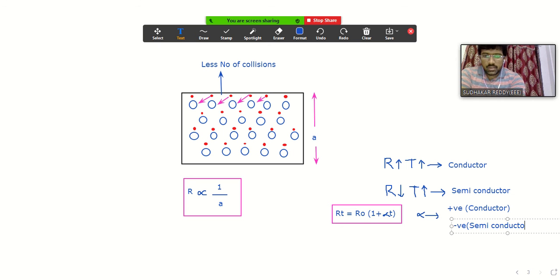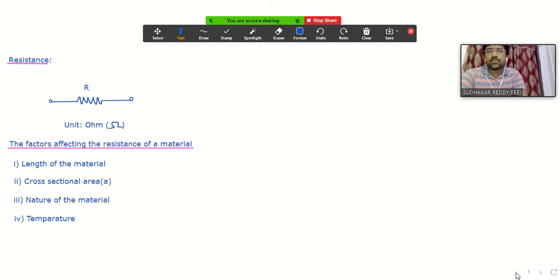Is it okay for everyone? So this is how the relation between temperature and resistance of a particular material works. Now if you consider a particular material at constant temperature, I can write the relation for resistance, capital R. It is directly proportional to the length and inversely proportional to the cross-sectional area of the material.